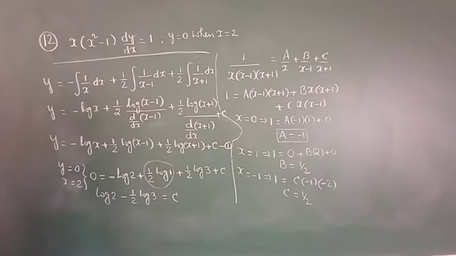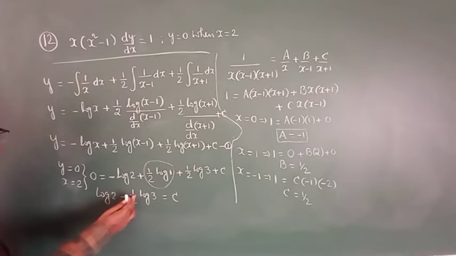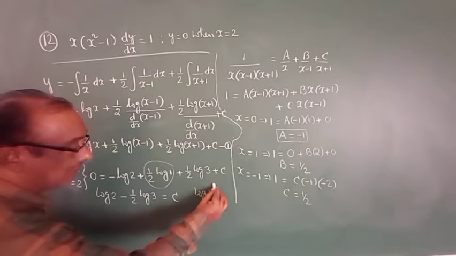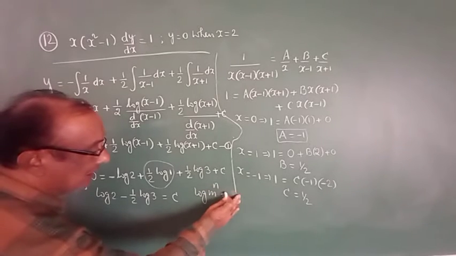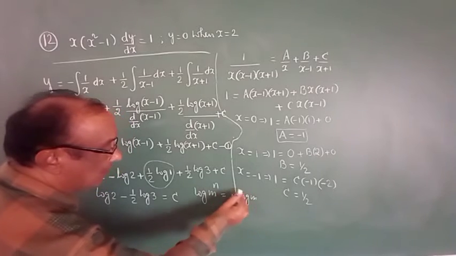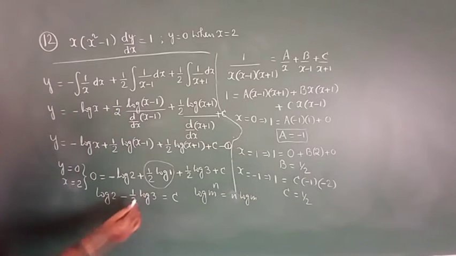Logarithmic terms bring on the left hand side. Now 1 by 2 is the power of 3. By the logarithm formula, n log m is log of m to the power n, so 1 by 2 log 3 is log of 3 to the power 1 by 2. Now write down the log m minus log n formula.